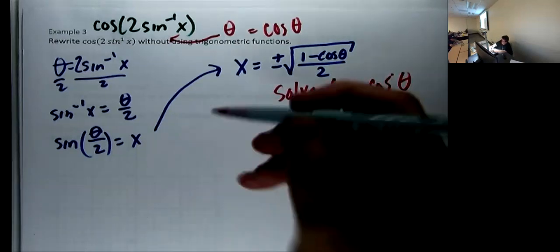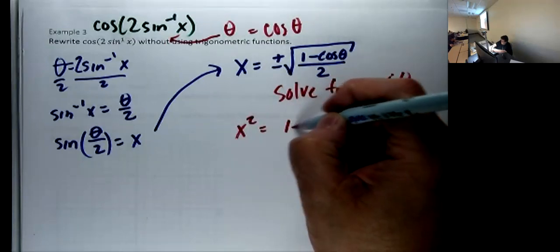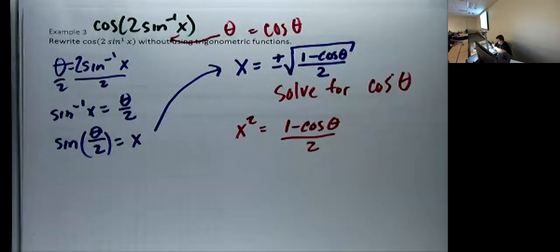We'll square both sides. Squaring gets rid of the plus and the minus. They're both positive at that point. And we're just solving for cosine theta.